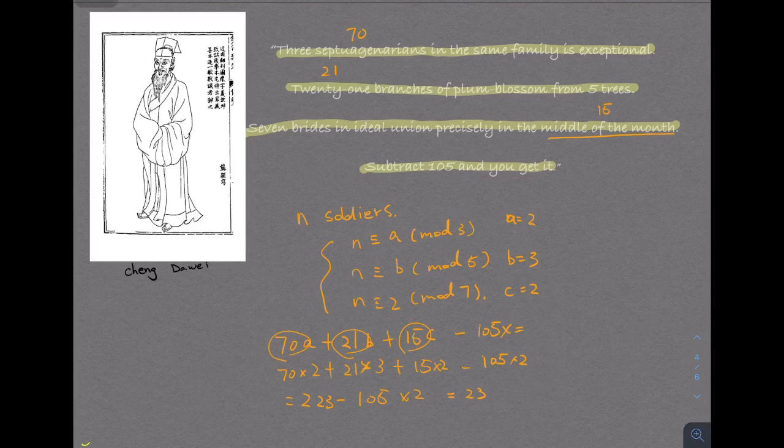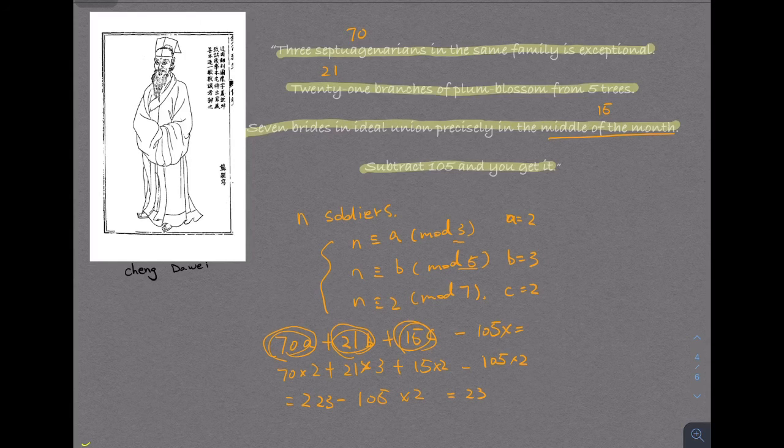And we can see there's something interesting with the numbers 70, 21, and 15 here. We can see 70 is divisible by 5 and 7, and 21 is divisible by 3 and 5, and 15 is divisible by 3 and 5.